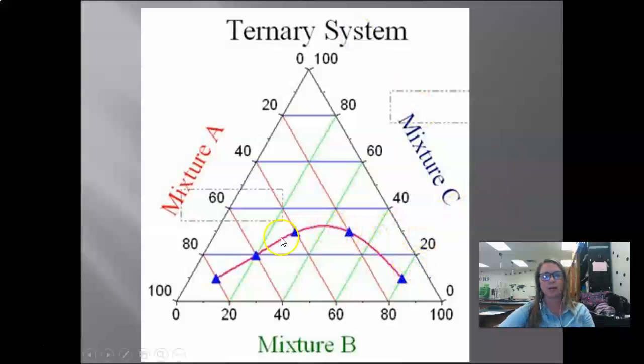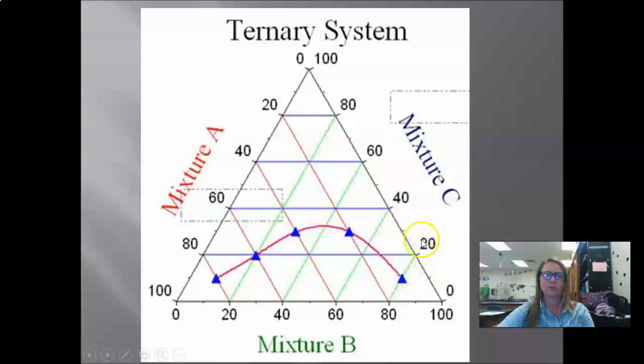So if we look at this area here, we've got several different markings kind of put together. And how we would read this is that if we're looking at how much of mixture C is in this pyramid right here, we're going to read these lines that run this way. So we're going to be looking at the 20. And then if we are looking at A, you can see the red lines running this way and then the green lines here.